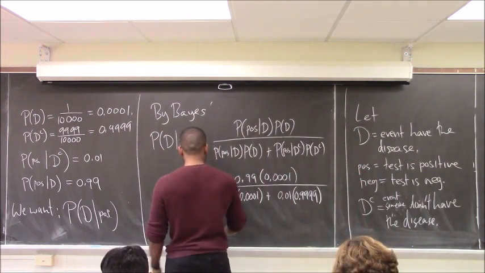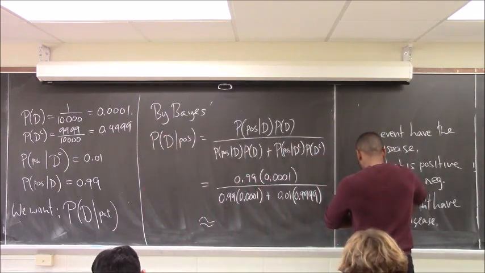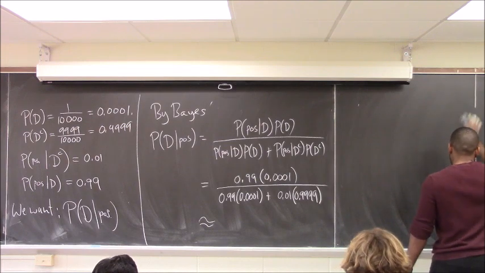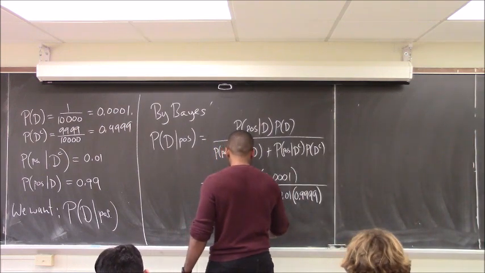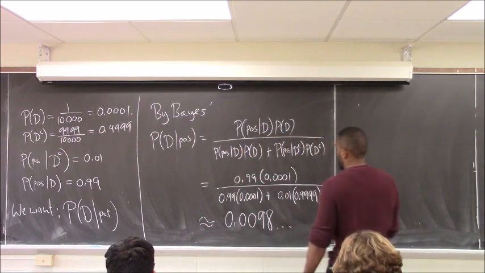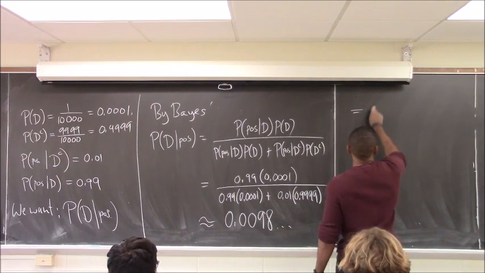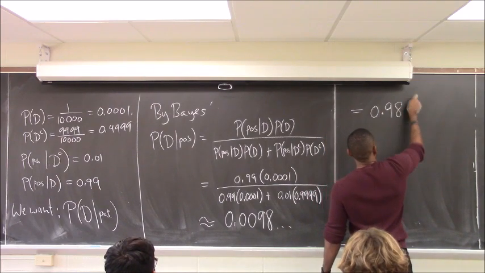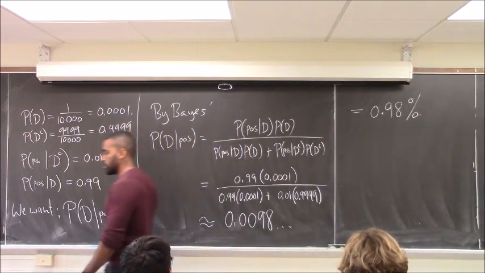What is that roughly? 0.0098. What percentage is that? 0.98% chance. You have less than a 1% chance of having this disease.